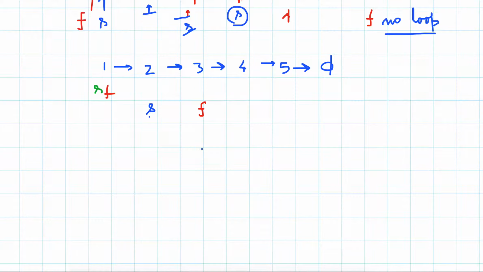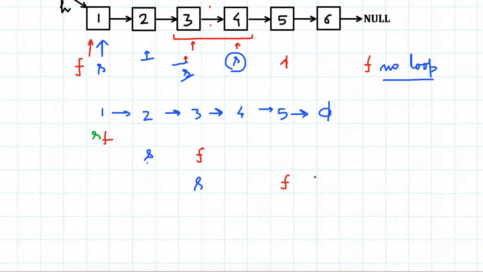In the next step, slow will come to 3 and fast will come to 5. And now our step is that we make fast equal to fast next next.